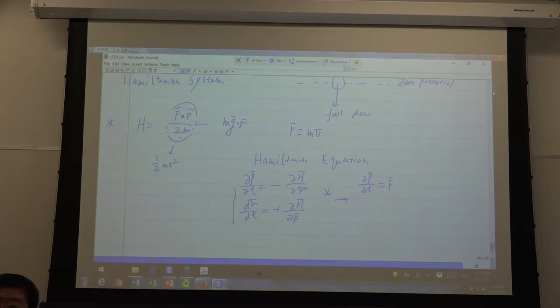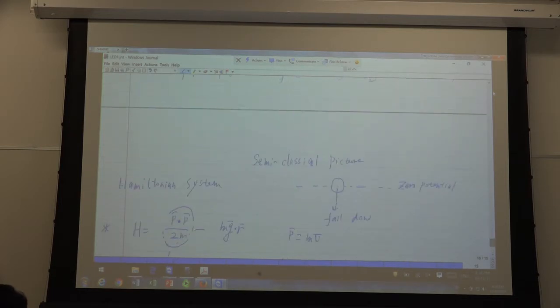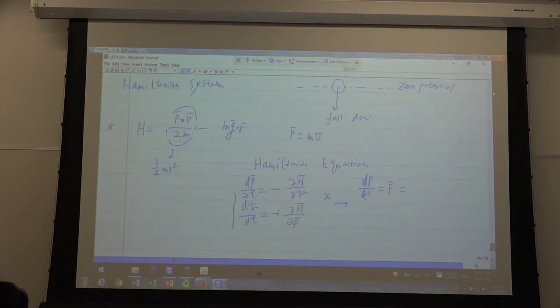So minus partial h over partial r, what is it? It's mg.